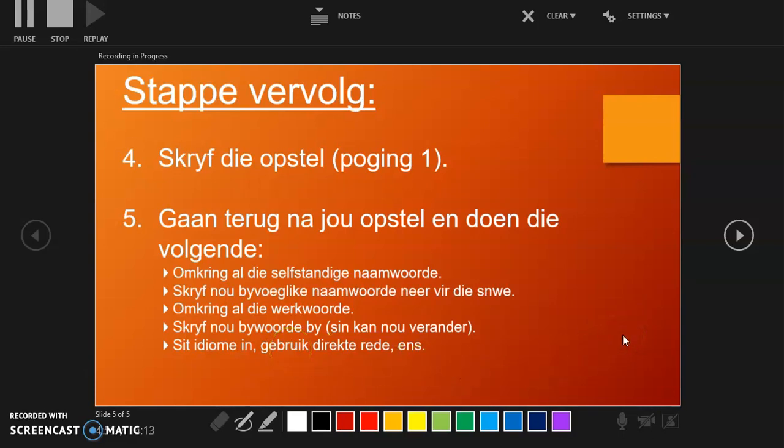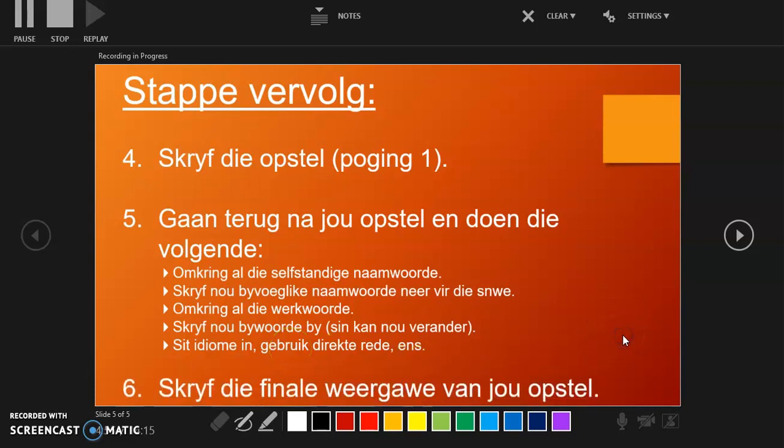And then our last step, number 6, skryf nou die finale weergawe van jou opstel. Now remember, you wrote your essay and then you encircled the nouns and added adjectives. And then you encircled your verbs and added adverbs. So obviously you did add to your essay.